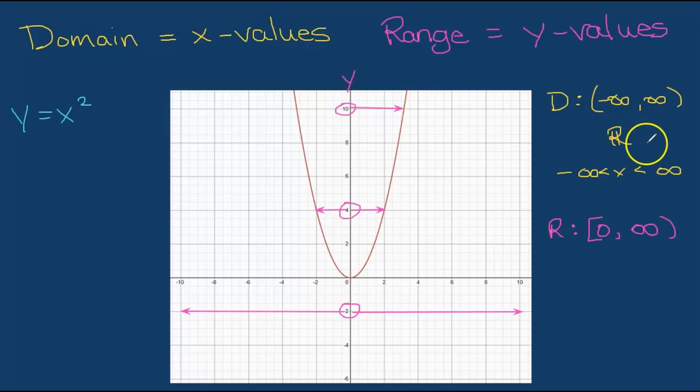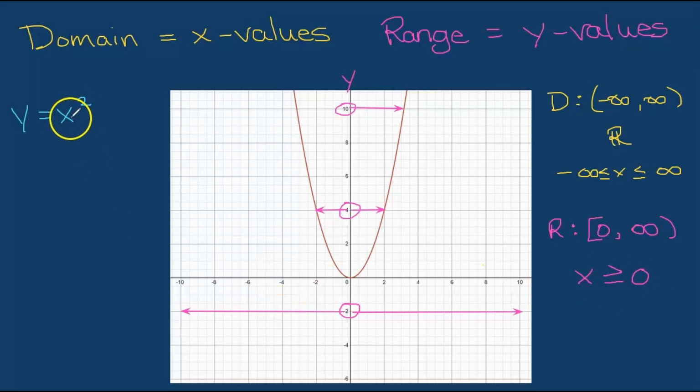So I cannot write all real numbers here. I can, however, write it in inequality notation because y is going to start at 0 and it's going to go up to infinity. So in other words, y is all of the numbers greater than 0, but it is also equal to 0.